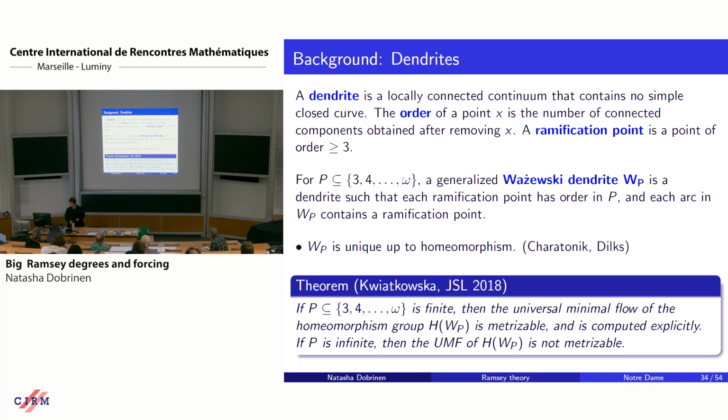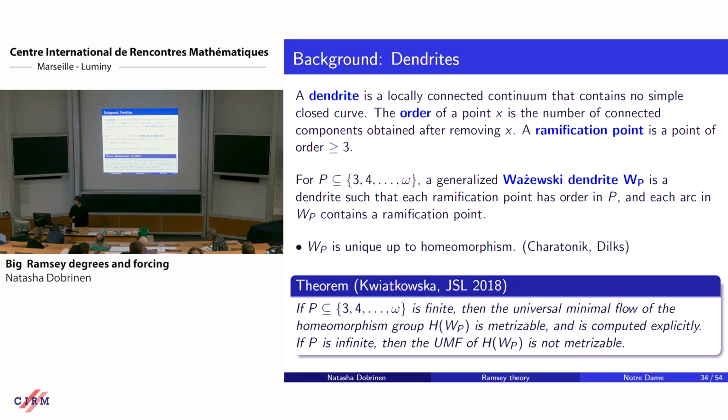But so dendrites are these continua that contain no closed simple curve. We have a notion of order, we have a notion of a ramification point, and we have these Wazewski dendrites, which have these properties, that each arc contains a ramification point, but these are continua, so they're uncountable.